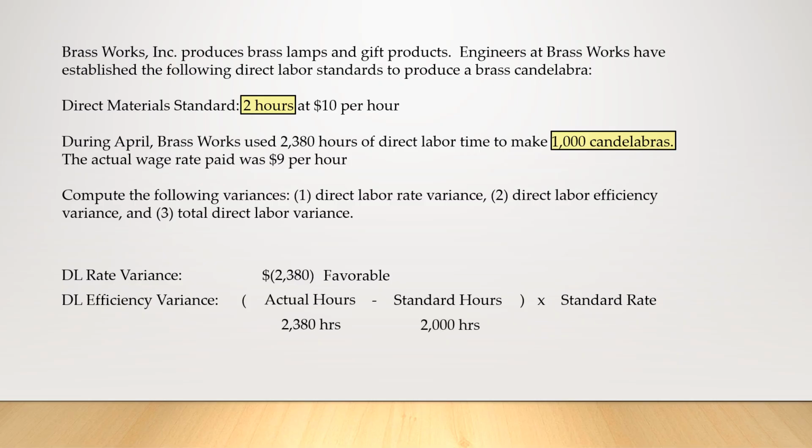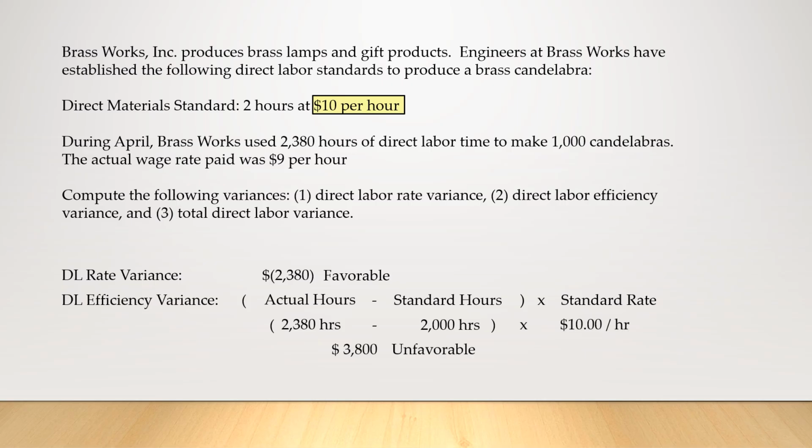The 1,000 candelabras manufactured times the 2 hours of labor per unit. The standard rate is $10 per hour, yielding a $3,800 unfavorable variance due to the actual labor hours being more than the standard hours.